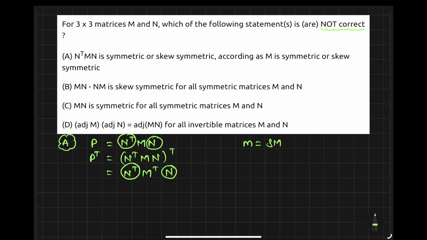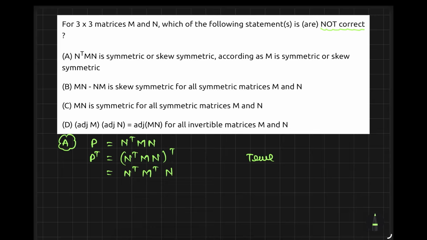Suppose that M is a skew symmetric matrix, so M transpose will become minus M, and it will become negative P. So can I say that yes, it depends upon M? So this statement is true, but it is not of our choice.